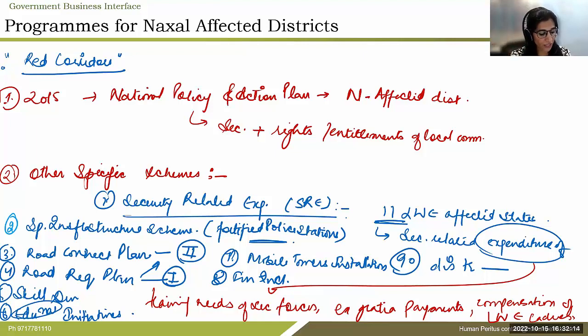We discussed the concept of backwardness, the criteria, then the various committees which have been set up, the evolution of the planning of backward area development, then the schemes, and finally the measures and programs under this topic. All right, even if you read the study material along with the classes, I hope this topic has got a nice coverage.